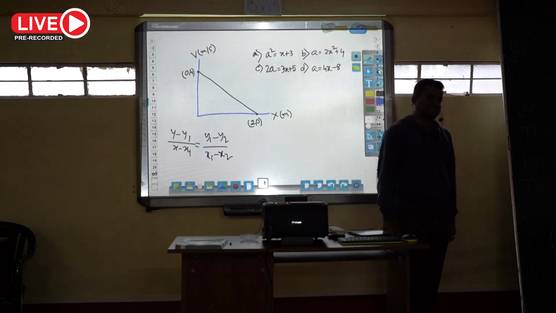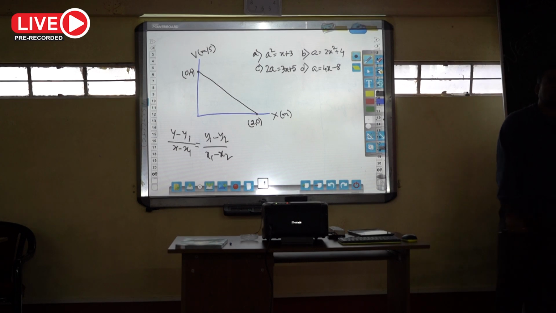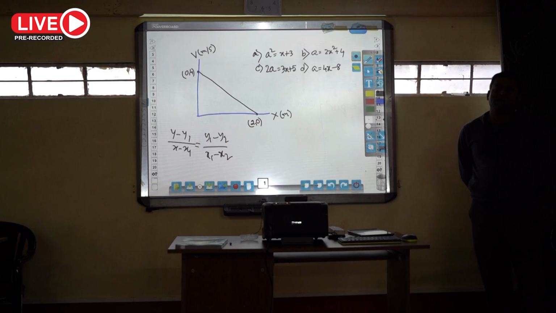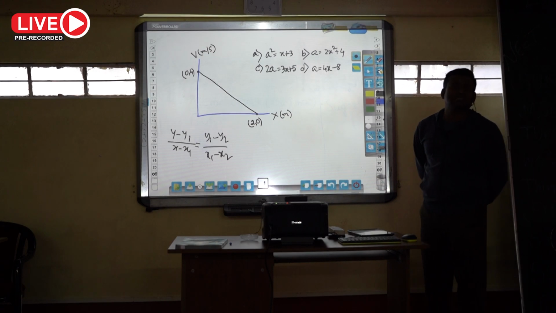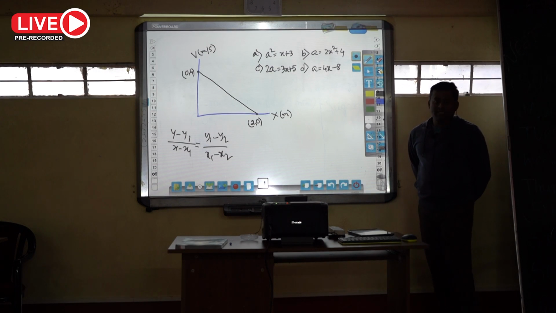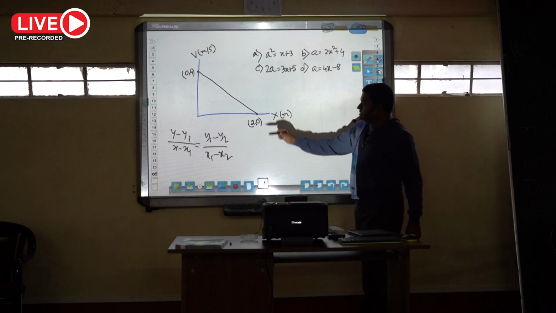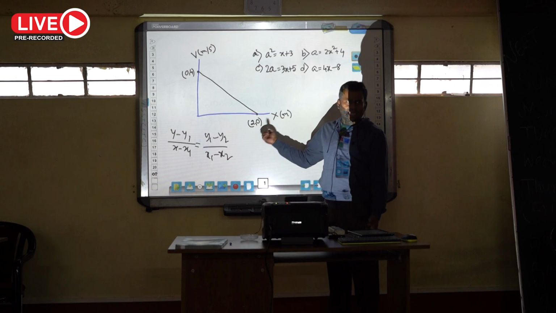This is the equation of a straight line passing through 2 points x1 comma y1 and x2 comma y2. Okay, this is a general formula coming from the coordinate geometry's straight line portion. So from this we can find, see here y coordinate is v and x coordinate is x.